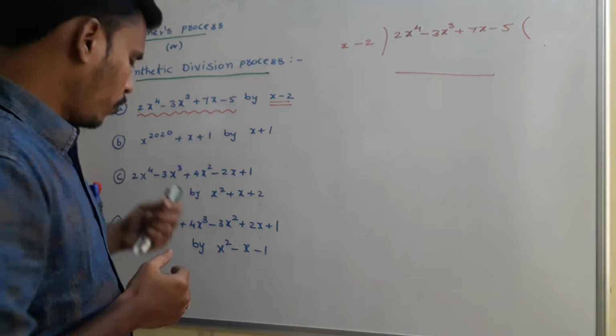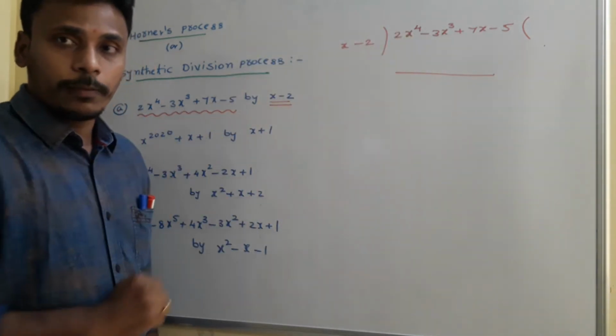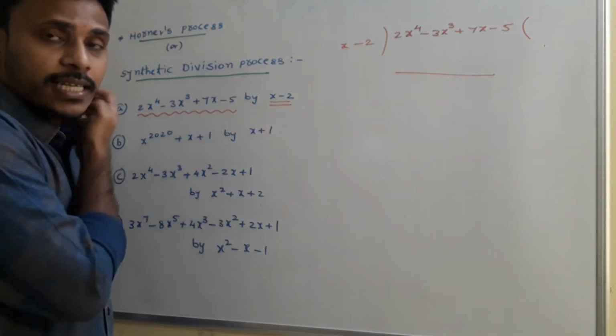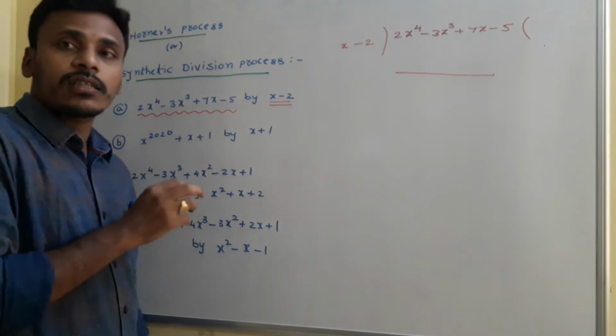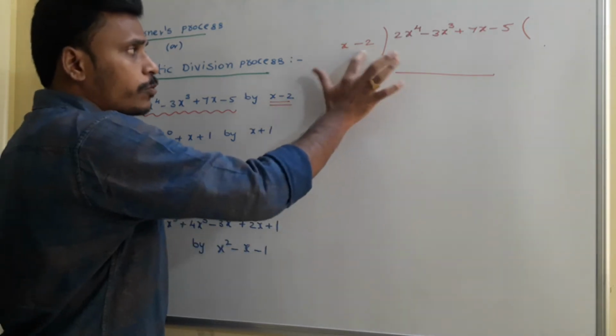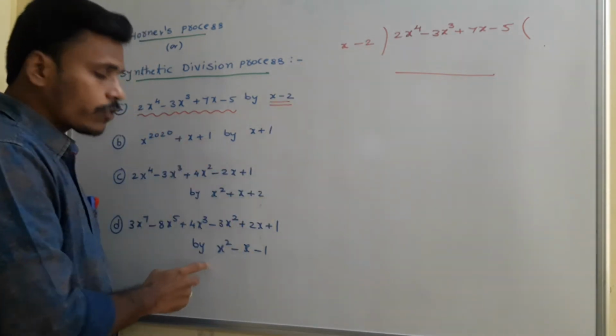Observe that the dividend polynomial is of 4th degree, whereas the divisor polynomial is of 1st degree. As I said, we are going to learn the synthetic division process only for divisors of 1st degree as well as 2nd degree.